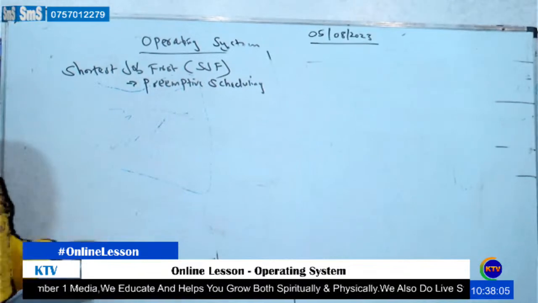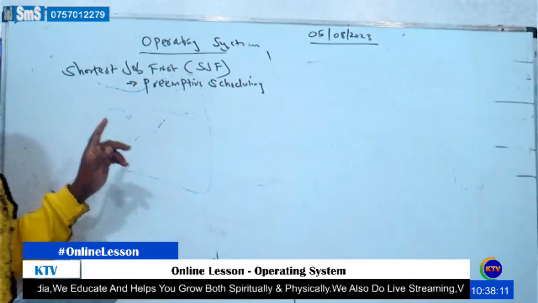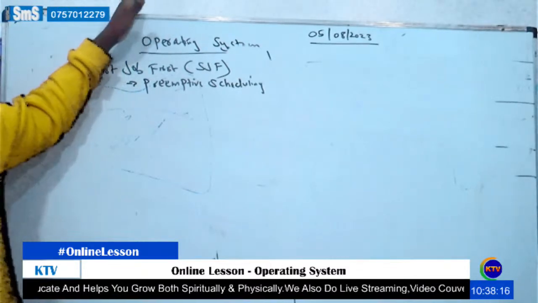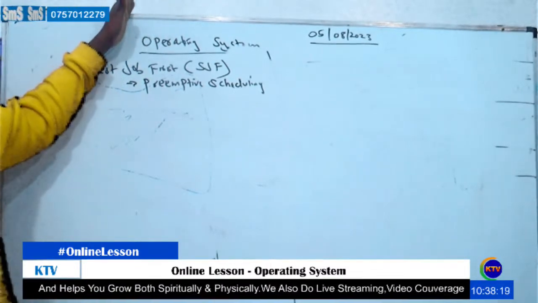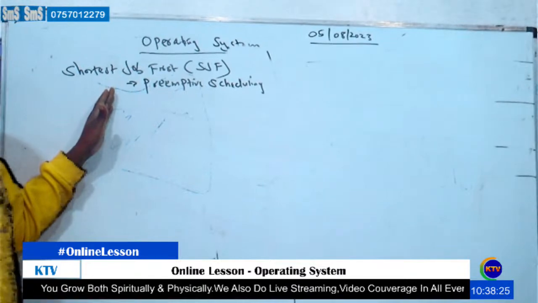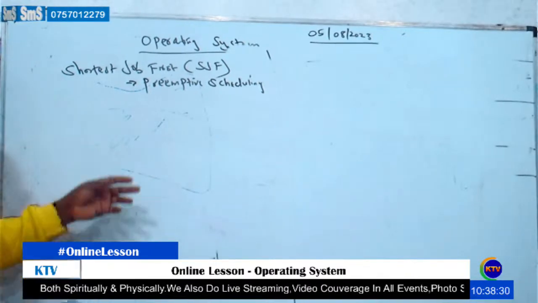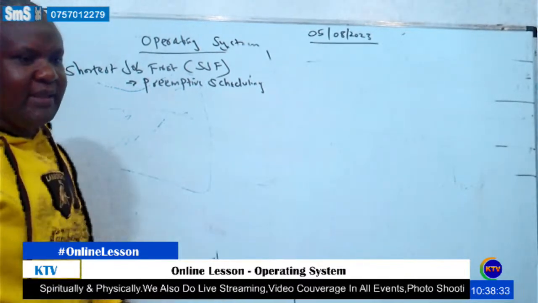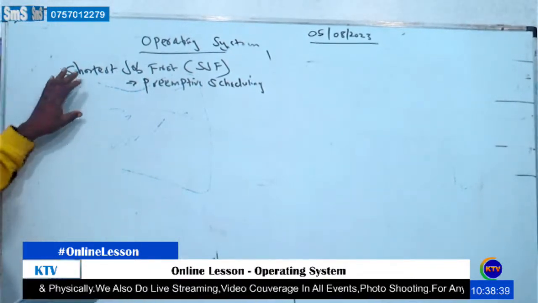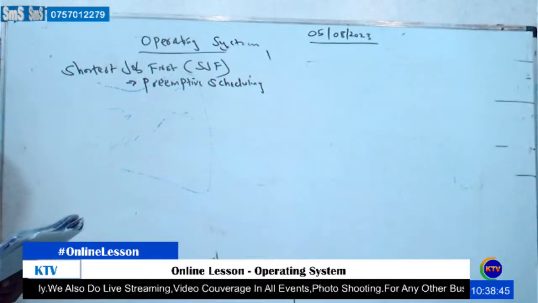In the case of shortest job first, for first come we focus much on the arrival time, but here we'll be focusing much on the burst time. So we will be looking at the jobs which have less burst time to be given the priority.